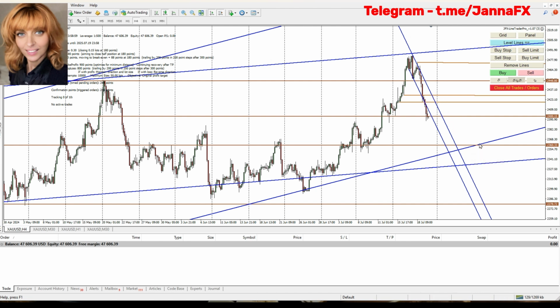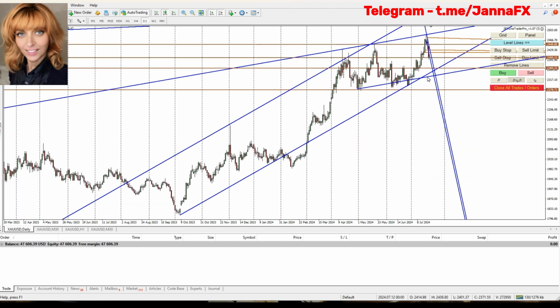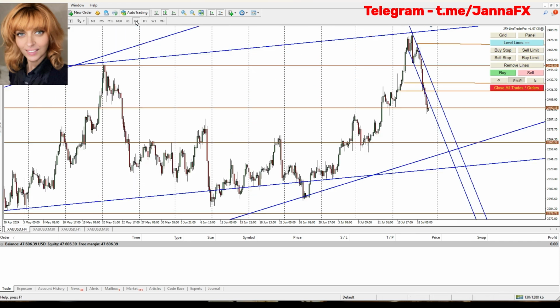And then from here we will see if it decides to pick up again, or is it going to break it and go further, retest this level and have support at that level again. Then we will see what's going to happen next. So at this moment, I would be looking and playing in this area in that channel still, as we didn't break out.